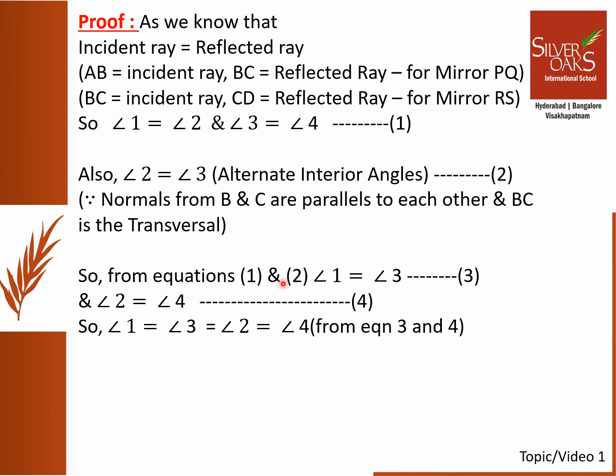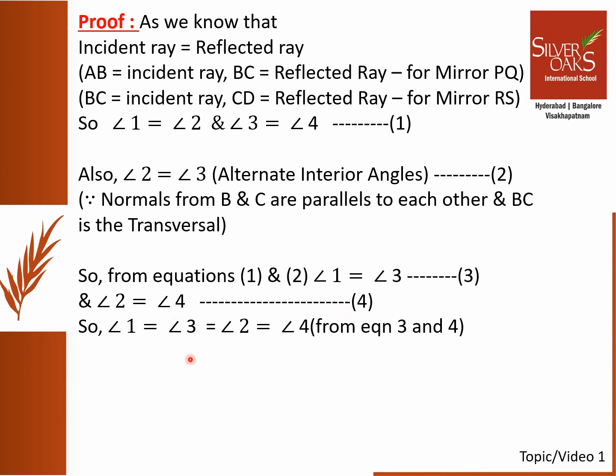Now from equations 1 and 2, wherever 2 is there, I have replaced it with 1. So here angle 1 becomes equal to angle 3. In the same way, since 3 is equal to 4, in place of 3 I replaced it with 4. So angle 2 is equal to angle 4.